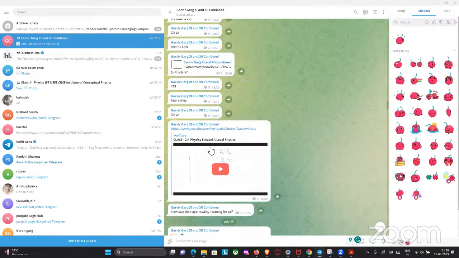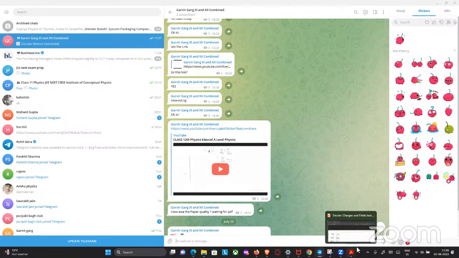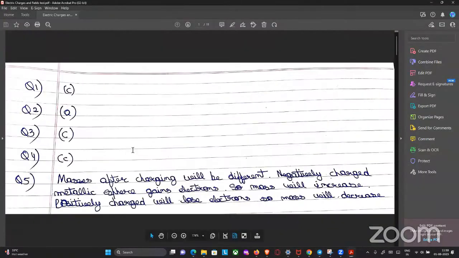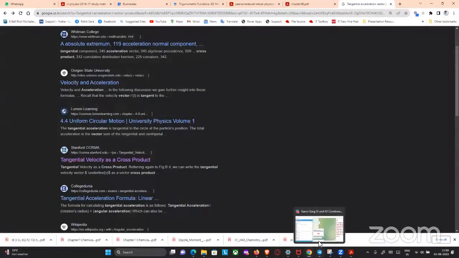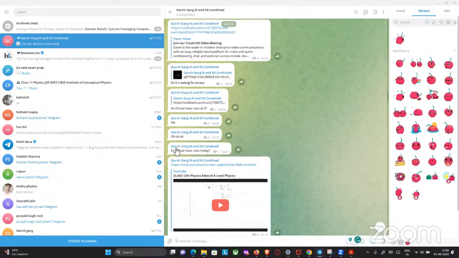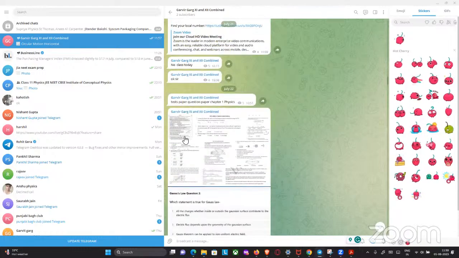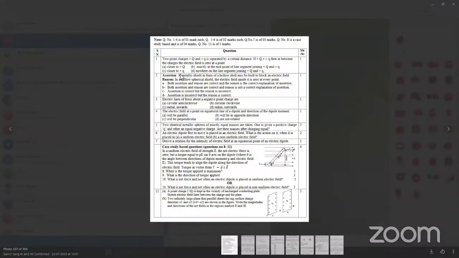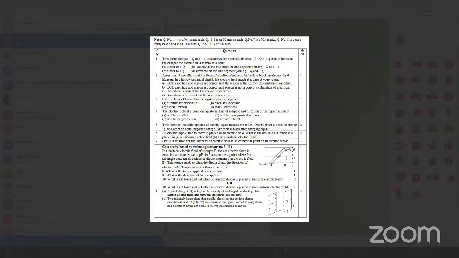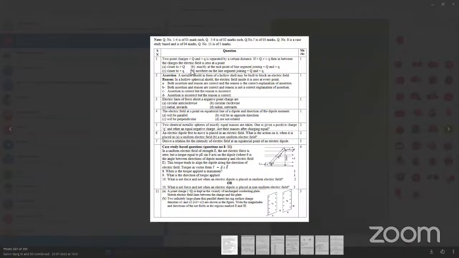Okay. Let me just remove this bottle. C. Okay. Closer to plus Q. Why?